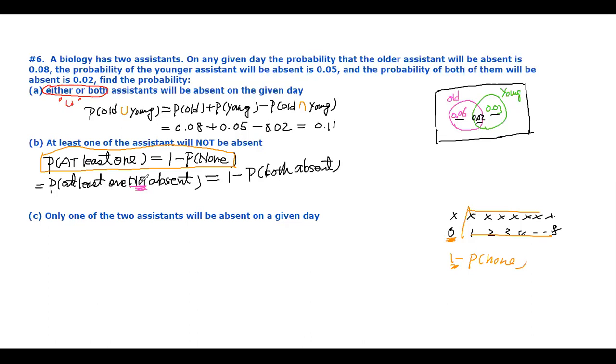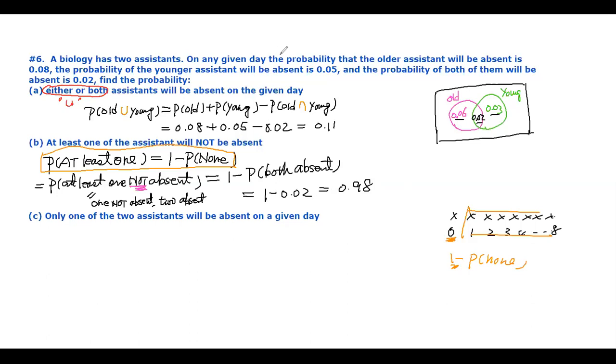So the easier way is to say 1 minus both absent. We already know both absent is 0.02, so it's 0.98. That means there is a 98% chance that at least one of them will not be absent.